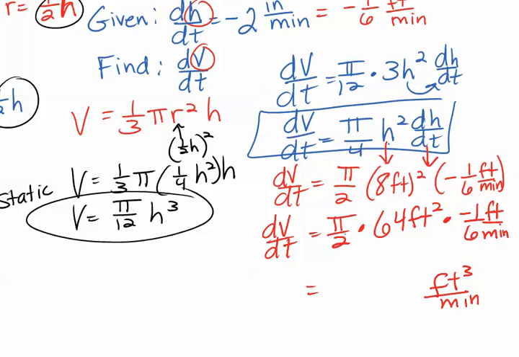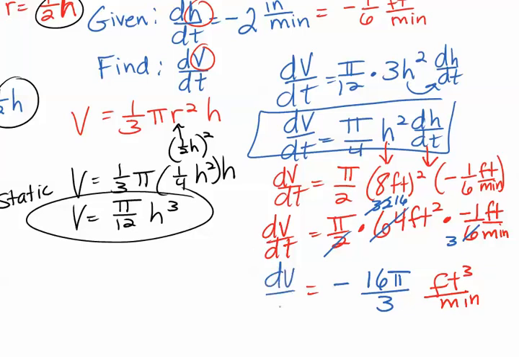And we could do some canceling here. Let's go step by step. The 2 could go into the 64 to be a 32. And the 6 we could at least divide by 2. So this is now 16. So it looks like we will have a -16 pi over 3 cubic feet per minute.